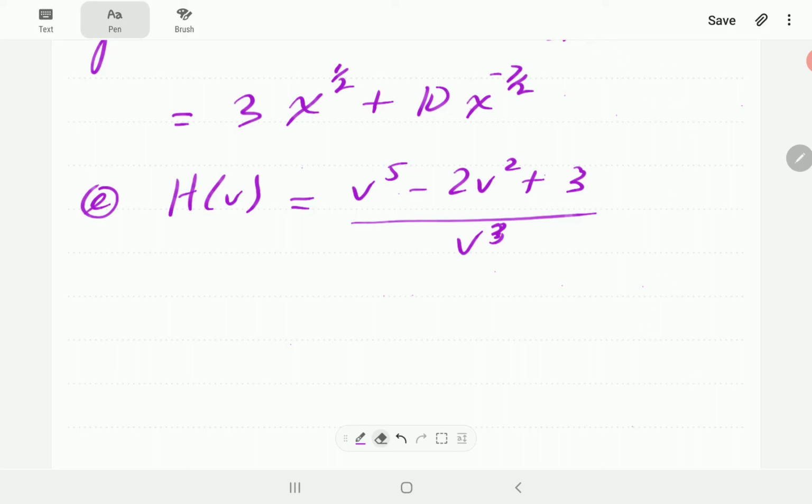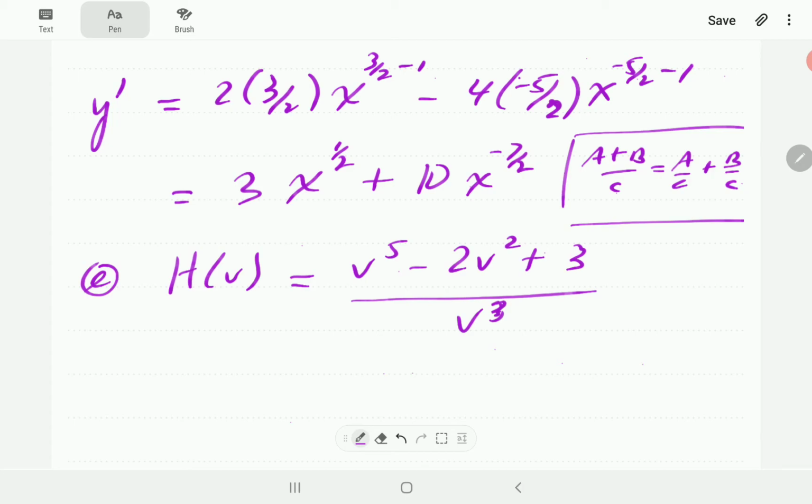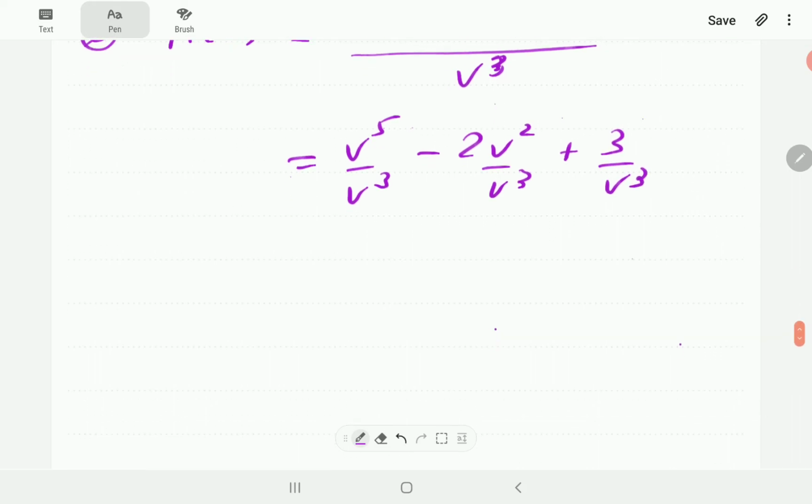The way we're going to simplify this is by using the distributive property of division, which says that a plus b over c is a over c plus b over c. So here we can write this as v to the power 5 over v cubed minus 2v squared over v cubed plus 3 over v cubed.